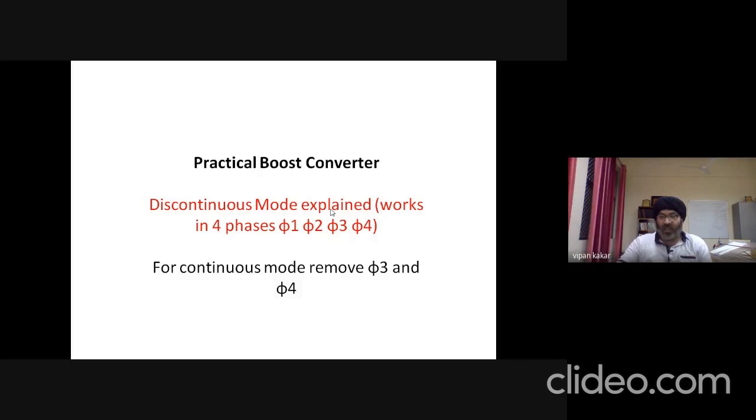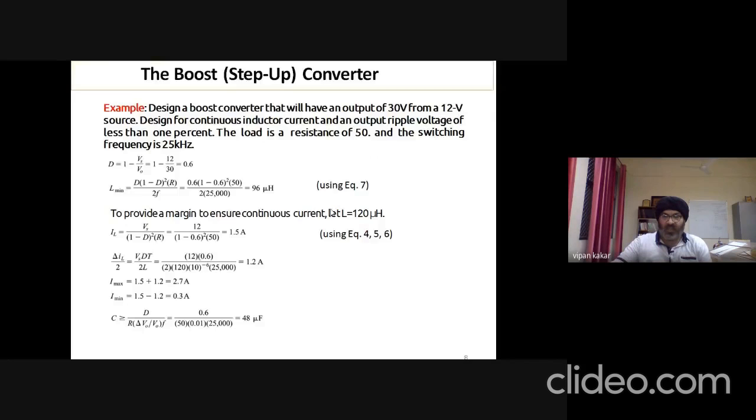So no mathematical aspects in this case, because the mathematical aspect is very simple. Based on this minimum value of inductance, you can decide whether to go for continuous or discontinuous, which can be proven by this value of I minimum. If I minimum goes to 0, then the condition of continuous conduction mode is disturbed. We do not have continuous conduction mode.